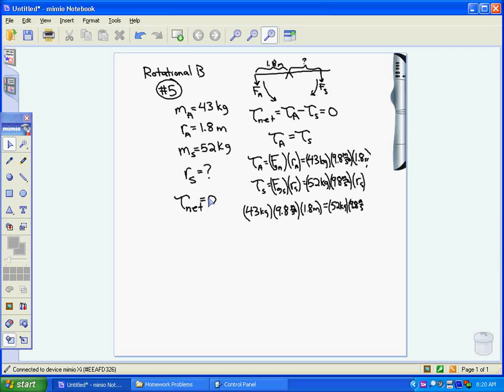So dividing both sides by 52 times 9.8, with their units, kilogram meters per second squared, I will get that the radius of Steve is equal to 1.5 meters.